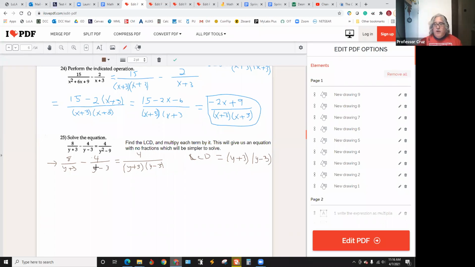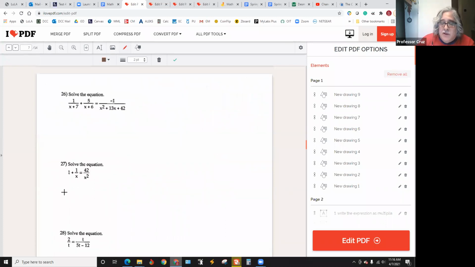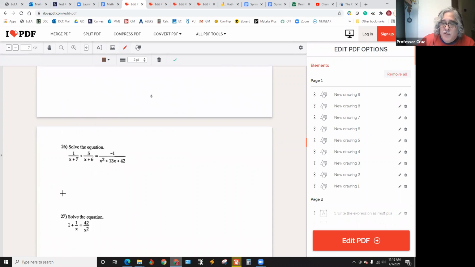So we got to multiply each term by the common factors, and these are the ones that take up most of the time, this one and this one.